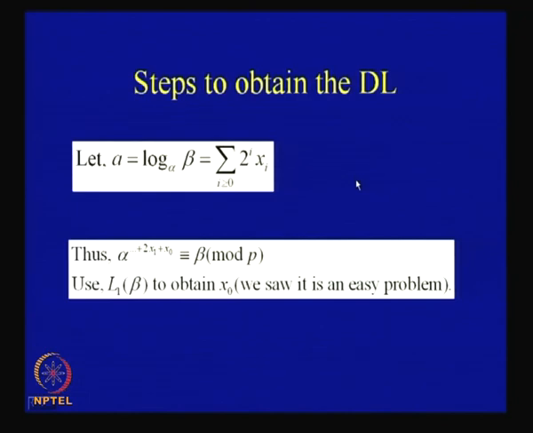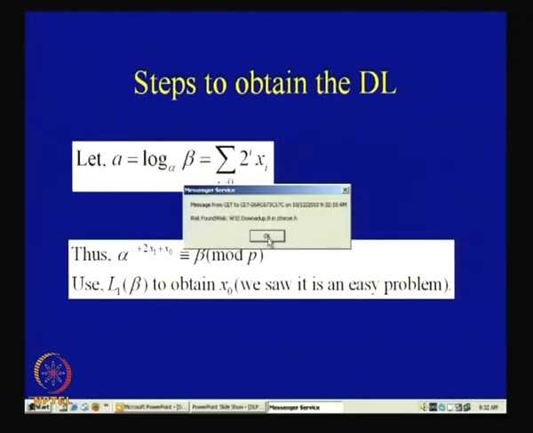So, now we will actually see the steps to obtain the entire discrete log. Now, you know that a, which is equal to log beta base alpha, is the sum of xi multiplied by 2 power of i, to obtain the entire decimal value of a.